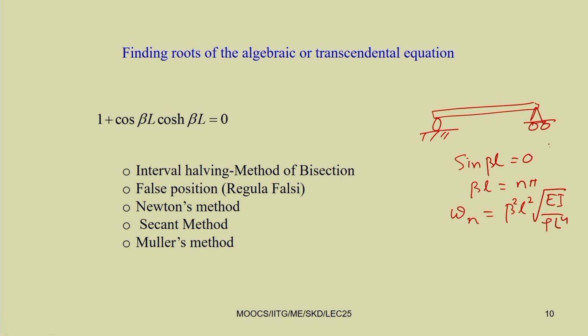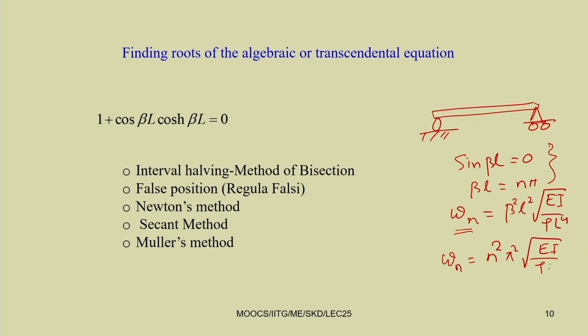For the simply supported case you can find the solution very easily. Sin beta L equal to 0, so you can write sin beta L equal to sin n pi. So, beta L equal to n pi, depending on the value of n. Beta L will take the value pi, then 2 pi, then 3 pi. You can observe that omega n will be equal to n square pi square root over E I by rho L fourth.